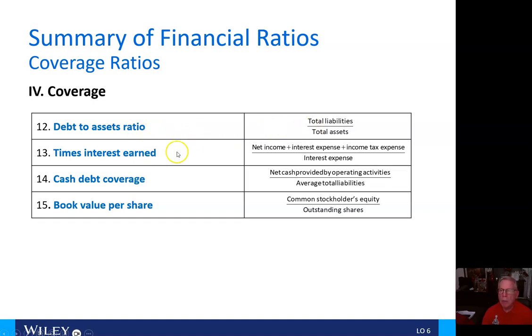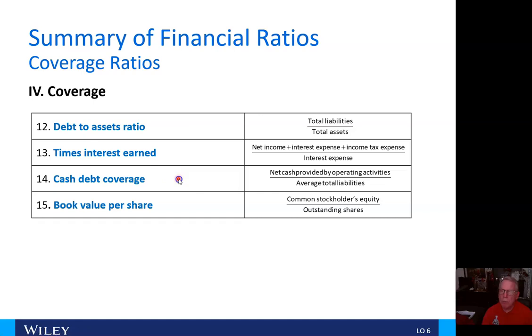But number 13, times interest earned: here we take net income, add back interest expense, add back income tax expense, and then divide that by interest expense. That essentially tells the bank and you how many times you can cover your interest payments with your operating earnings.